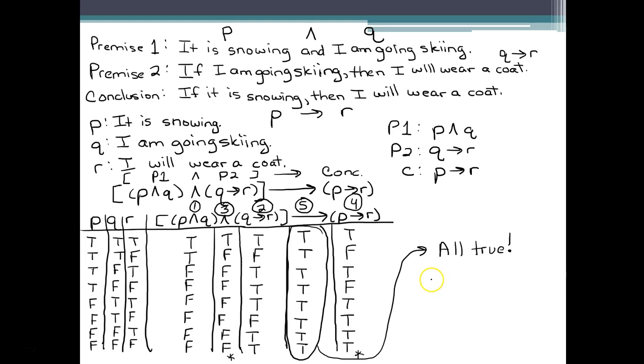So this argument is valid. Those two premises logically lead to that conclusion. And the truth table shows that it's a solid argument, because if premise 1 and premise 2, then you definitely have that conclusion. So, valid argument.